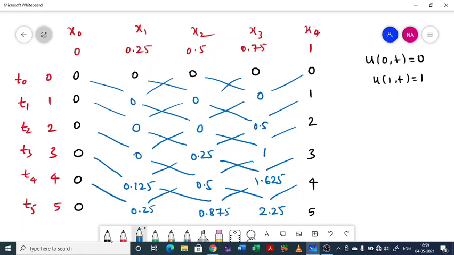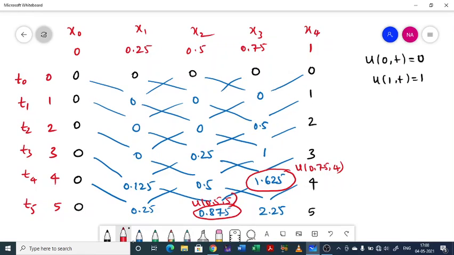So this completes the table, and we need to extract some values. U of 0.75 comma 4: for row 4, column 0.75, this one. Next, u of 0.5 comma 5: for row 5, column 0.5, the value is 0.875.